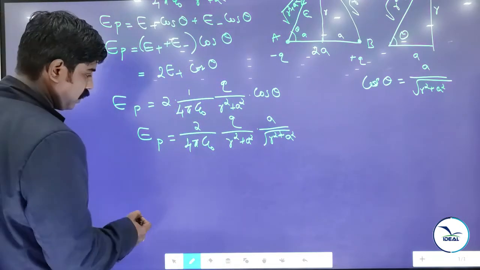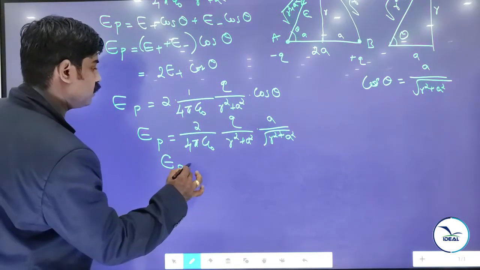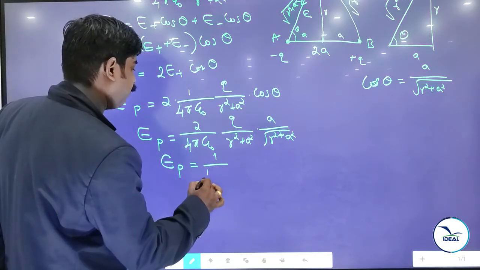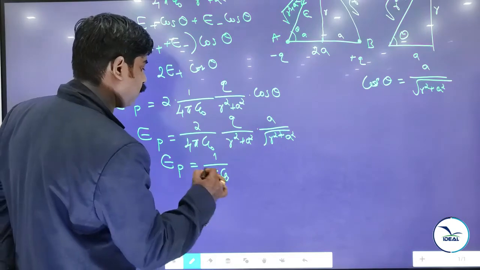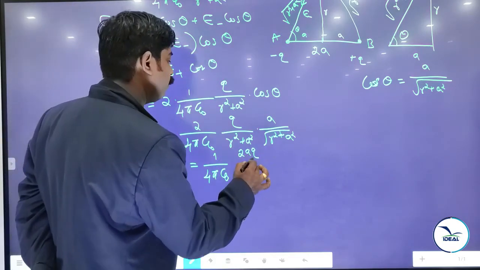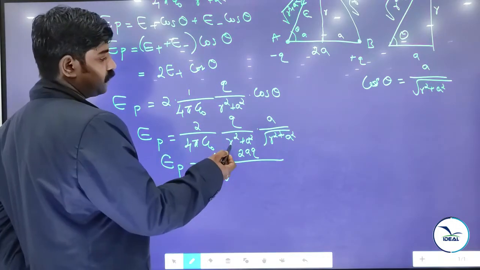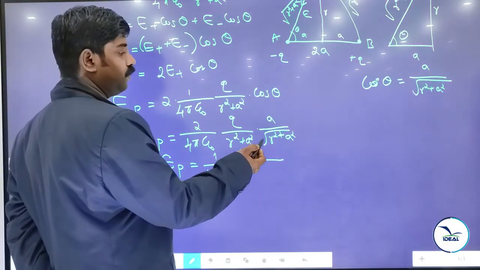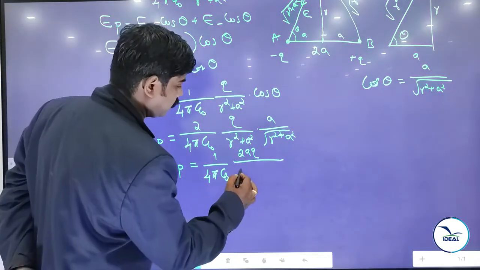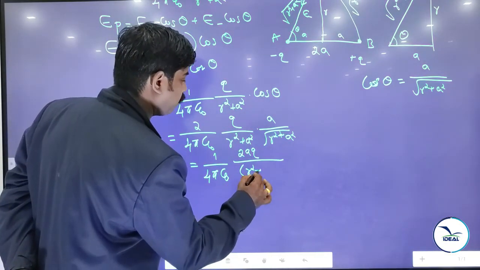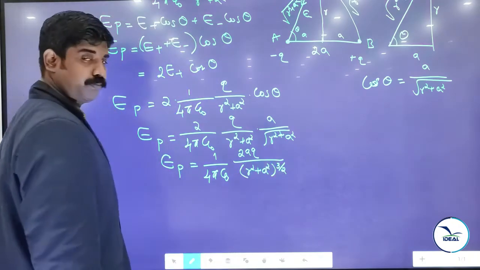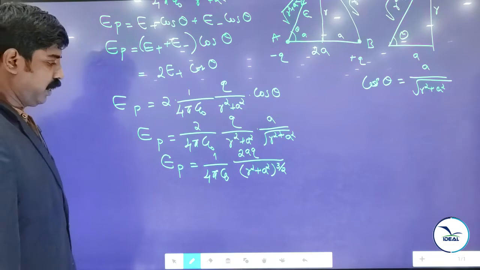Okay. Again we can write it as EP is equal to 1 by 4 pi epsilon 0 into 2AQ by R square plus A square into root of R square plus A square. This we can represent as R square plus A square all raised to 3 by 2. Okay.